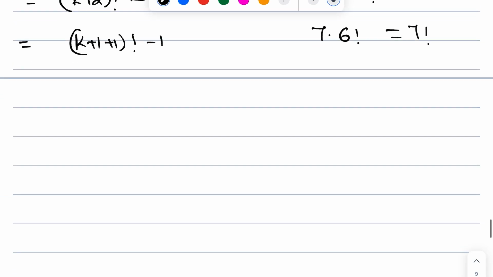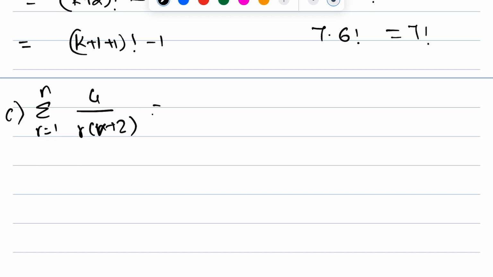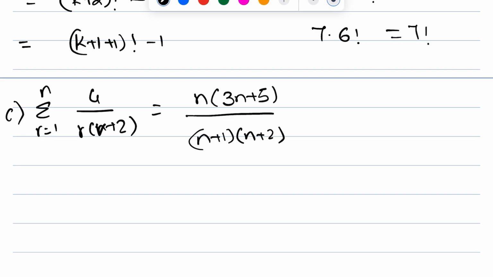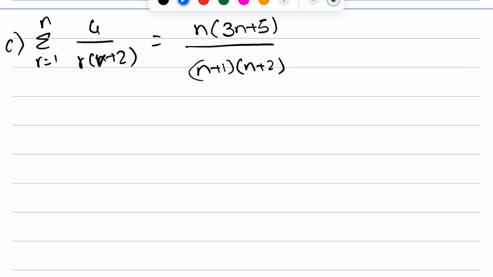Let me write here. It is sigma r equals to 1 to n of 4 upon r times r plus 2 should be equal to n times 3n plus 5 upon n plus 1 times n plus 2. So write the statement first.